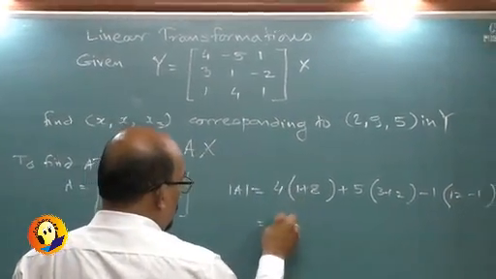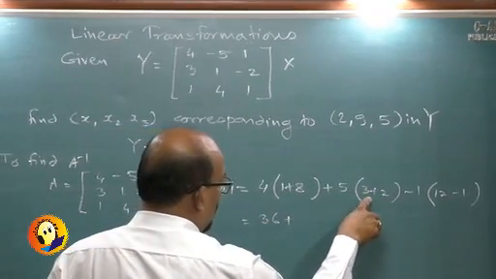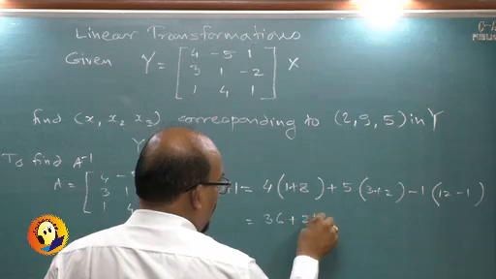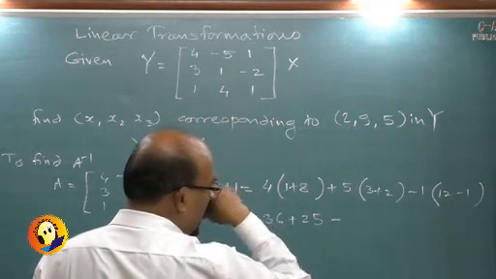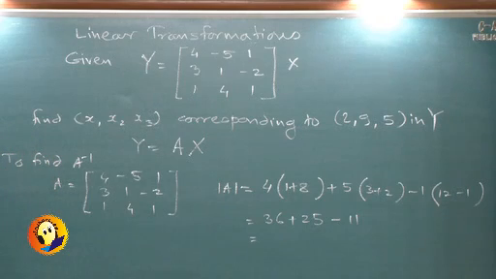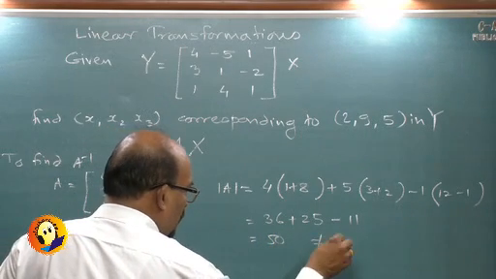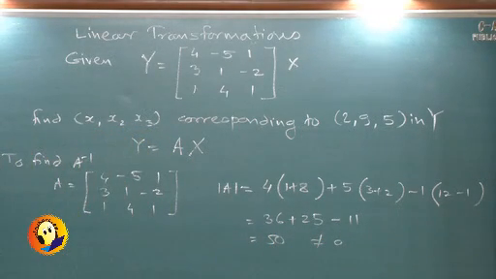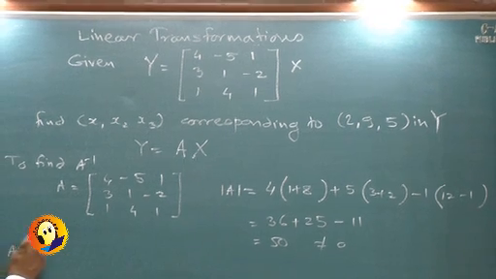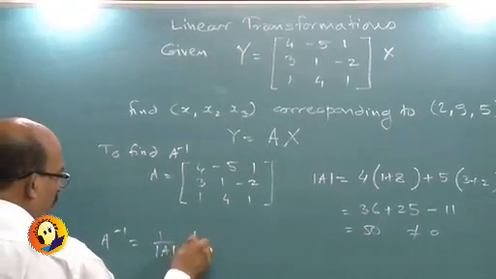So this is 36 plus how much, 25 minus 11. So how much is it? 50. Yeah, 50. And it is not equal to 0, so obviously the inverse can be found. And then we will find the inverse by A inverse equal to 1 upon mod A into adjoint of A.